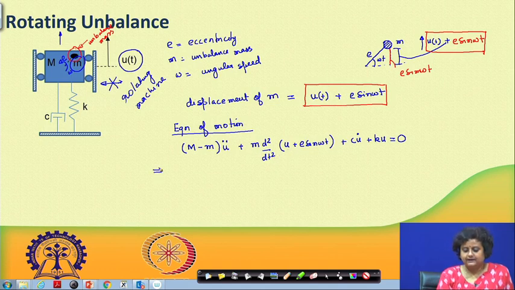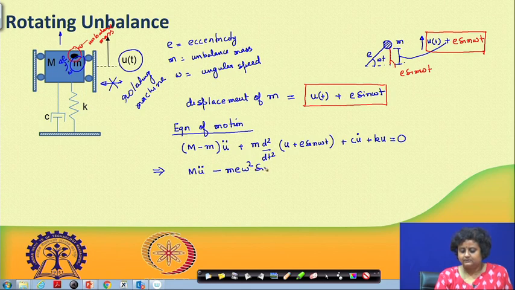If I simplify this equation, I get M u double dot minus m e omega square sin omega t plus C u dot plus K u equal to 0.